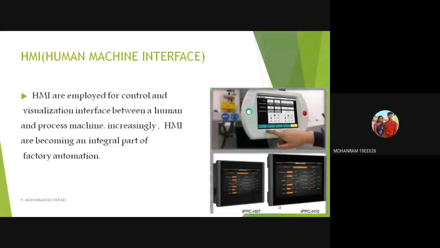Also the data from the SCADA is given to the PLC, so those two values are compared for 30 degrees Celsius, and if the milk reaches 30 degrees Celsius, the process automatically stops. This is called automation.